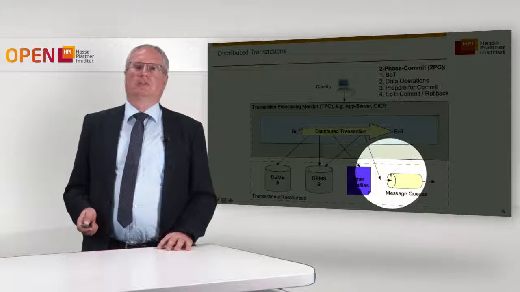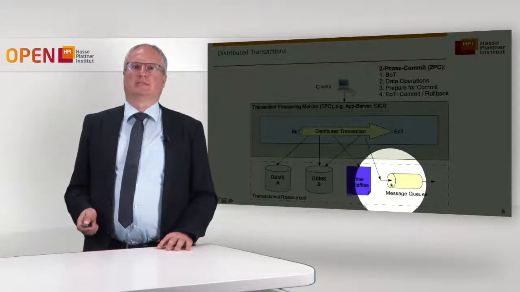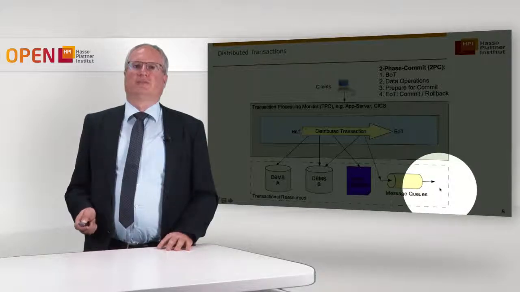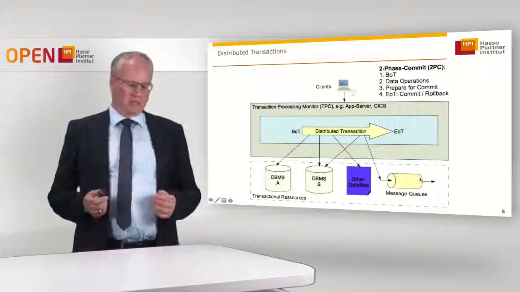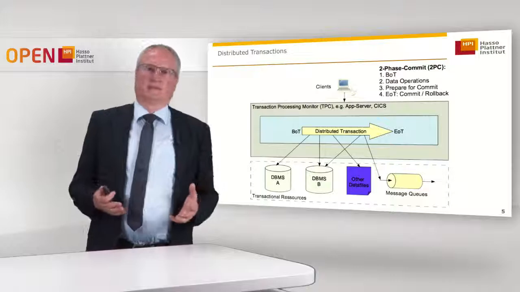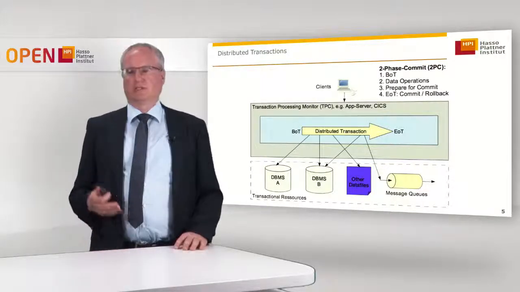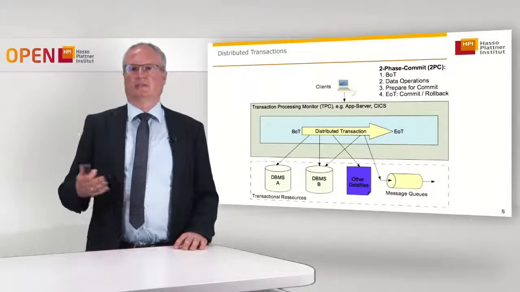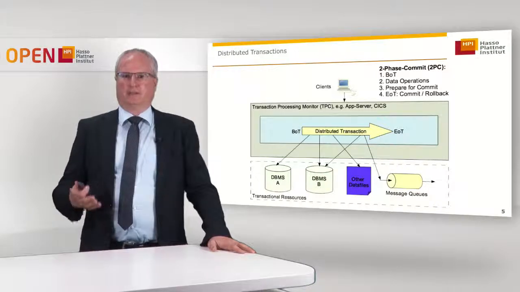A queue you can imagine as a FIFO, first in, first out. A sender puts messages in the queue, and a receiver reads messages out of the queue, and the input and output of the messages in the queue is also transactionally secured. So if, for example, the sender commits the message, then the message queuing system needs to ensure that this is also durable and persistently stored in the queue.